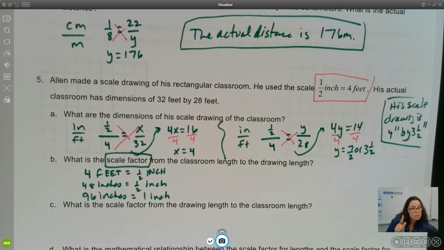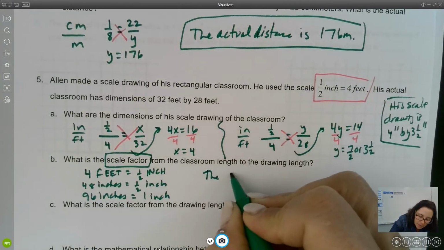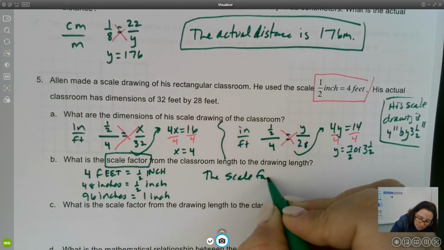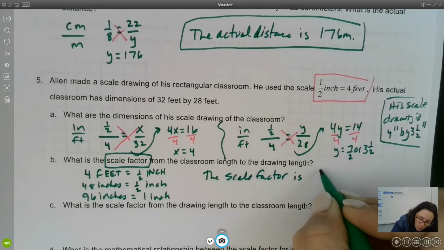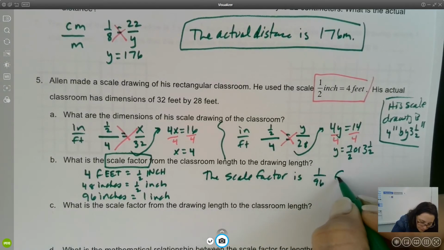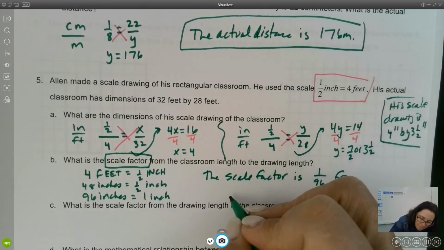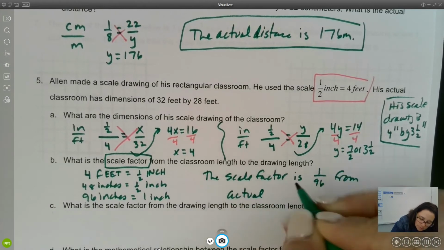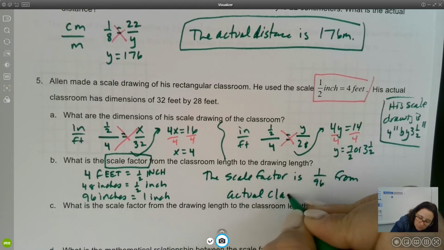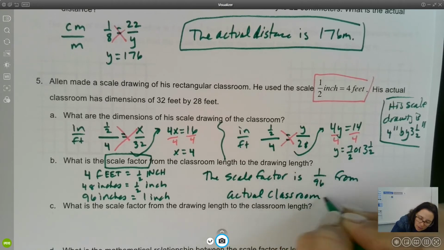And we already talked about we're shrinking. We're going from the real thing to the drawing, so it has to be smaller than 1. The scale factor is 1/96 from the actual classroom to the drawing.